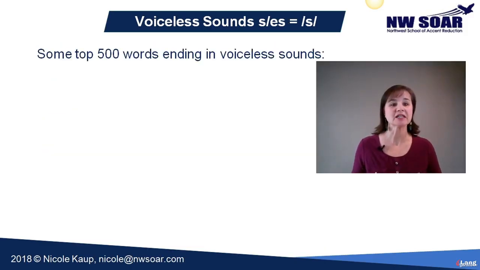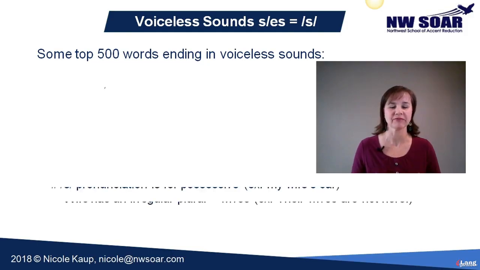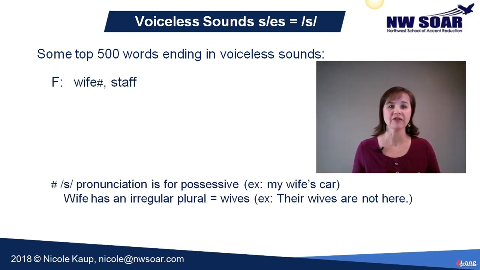Now let's take a look at some top 500 words that end in voiceless sounds. First, the F. We have the word wife and staff. Now there's a special note about the word wife. Wife ends in an F. So if you say something like my wife's car, you're going to add a voiceless S to that. But wife is one of those words that has an irregular plural.